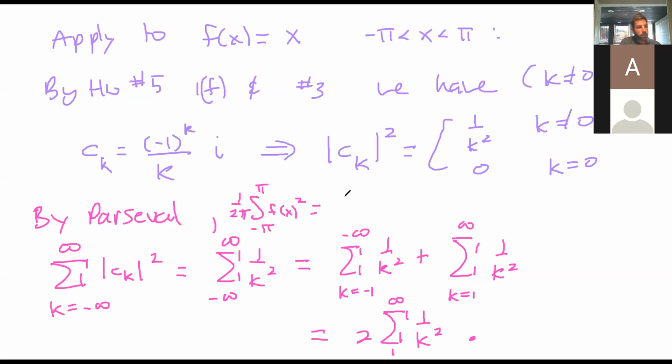But what is this? Well, this is nothing more than 1 over 2 pi, the integral from -pi to pi of x squared dx.